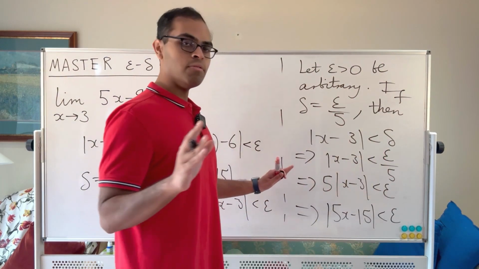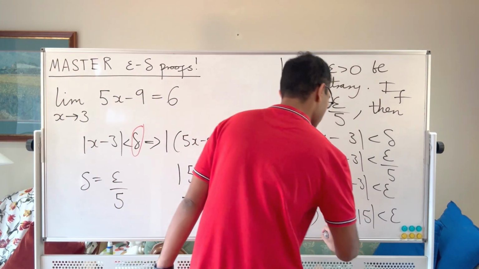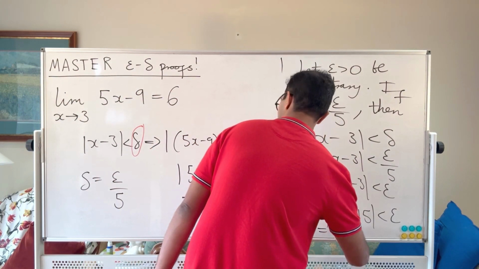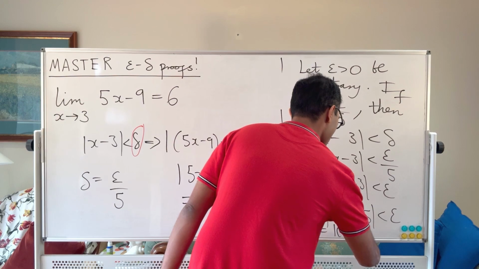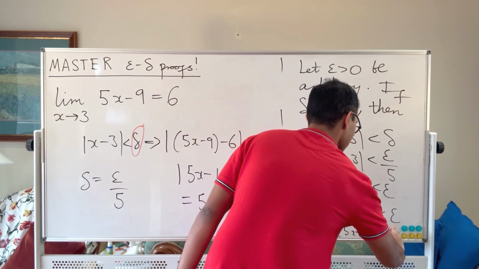And it's very important to write it as the absolute value of 5x minus 9 minus 6. That's going to be less than epsilon.